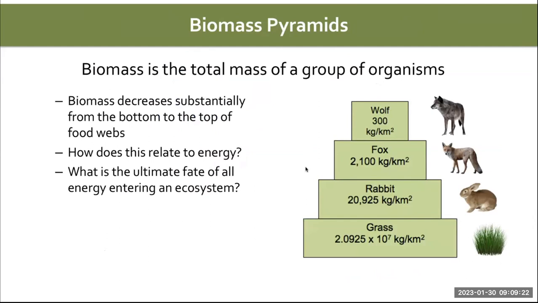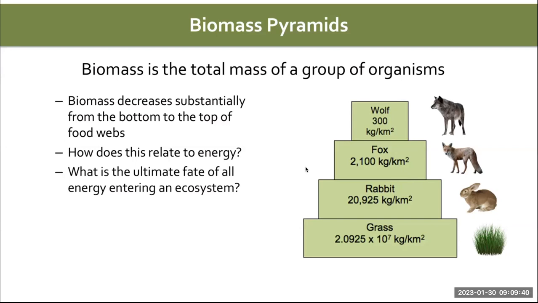Biomass sums up the total mass of a group of organisms, right? And it generally, like those energy transfers, decreases from the bottom to the top, all right? And it's decreasing because of those inefficiencies in the transfer of energy.